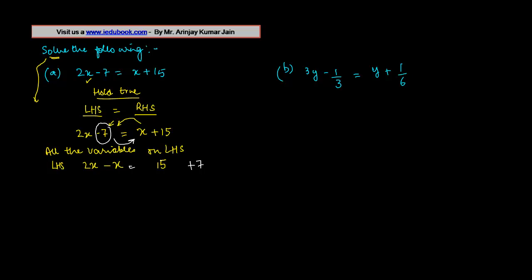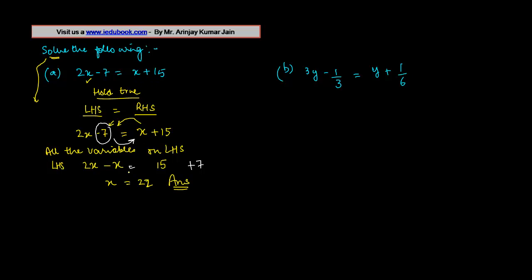Plus 15 remains over here only. Now 2x minus 1x will be x, is equal to 15 plus 7 is equal to 22. And this is your answer, which means this is the solution for this equation.